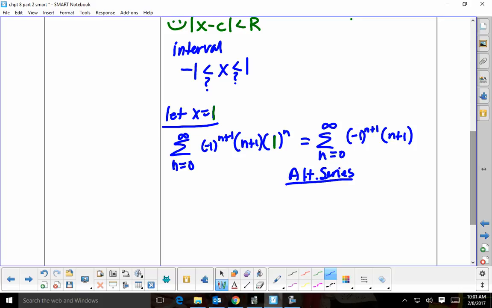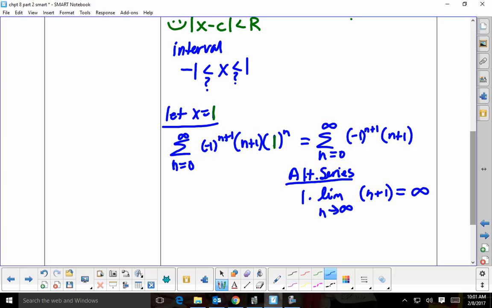The first thing I have to do is take the limit, as n goes to infinity, of just the non-alternating part, which is n plus 1. If it equals 0, does that tell me anything? No. But in this case, it actually equals, oh, what the heck?